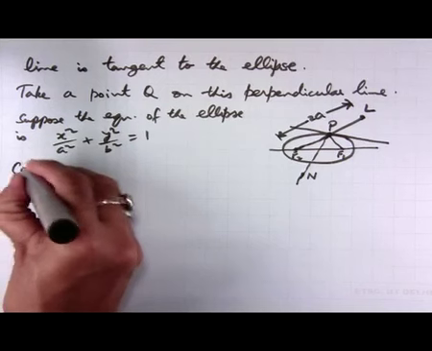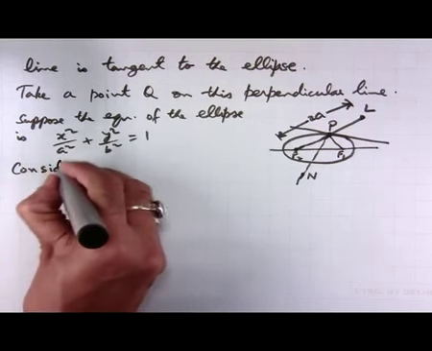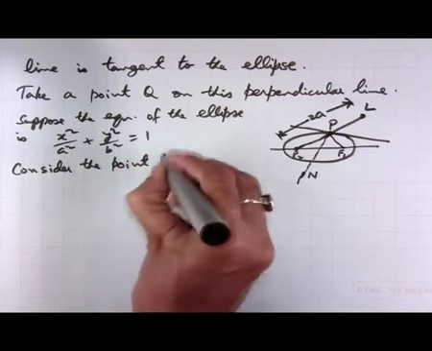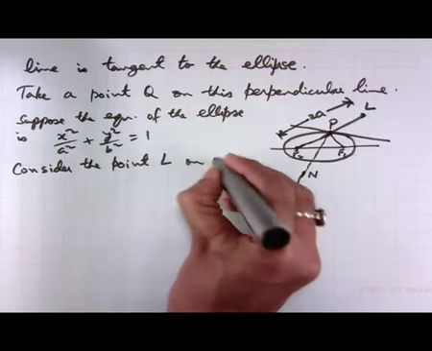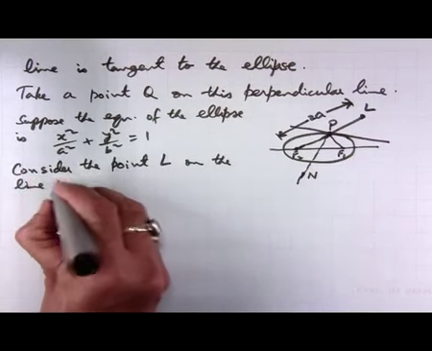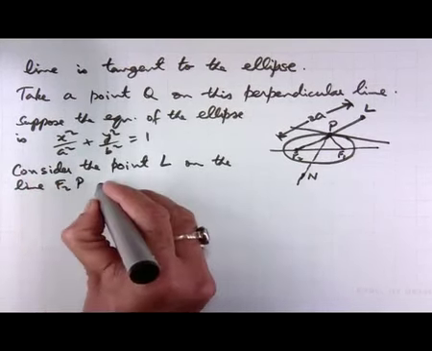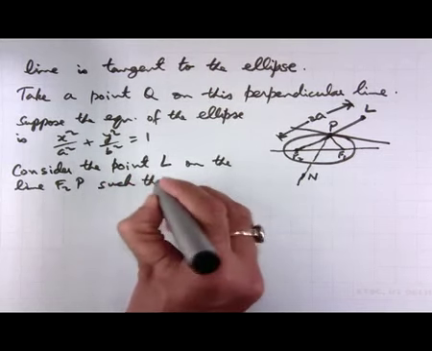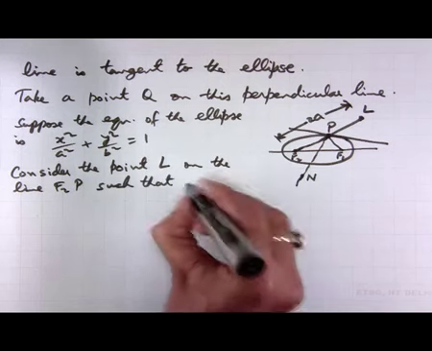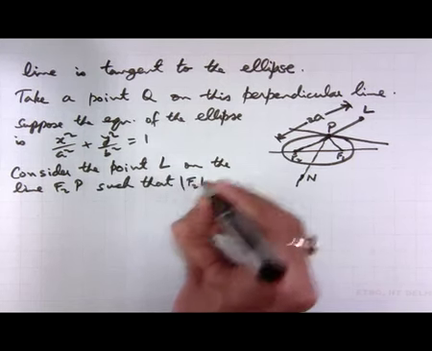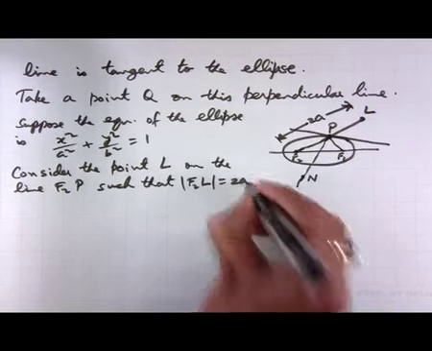So, consider the point L on the line F2 P such that the distance F2 L is equal to 2a.